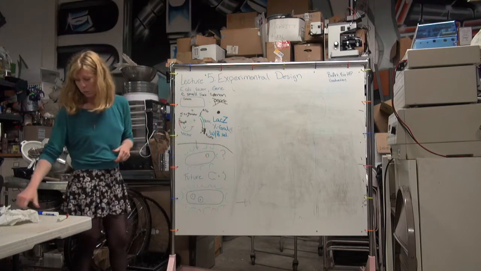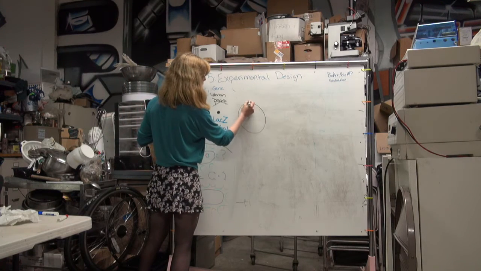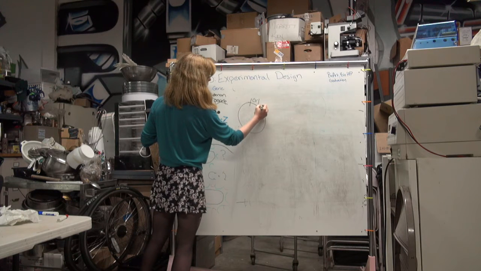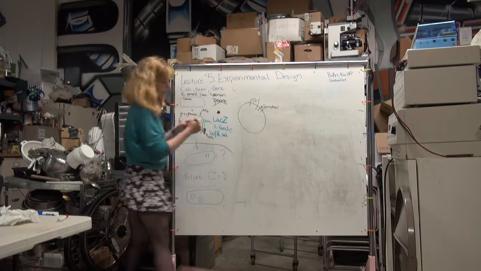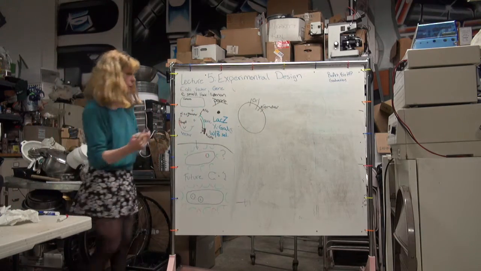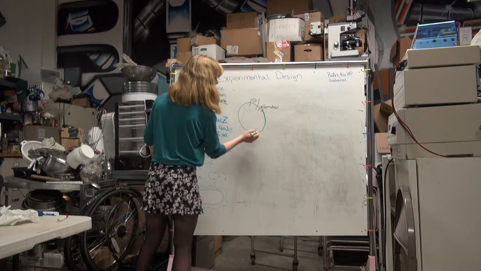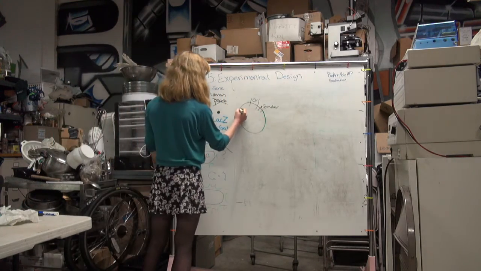You would have your whole plasmid in here: your ORI, your promoter, and then your cool gene of interest, and then you have your ampicillin resistance.